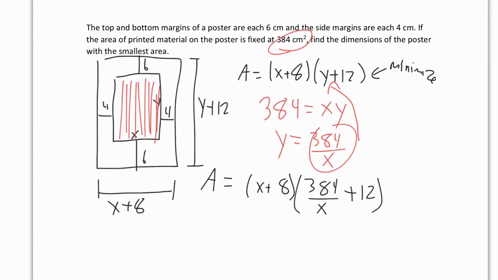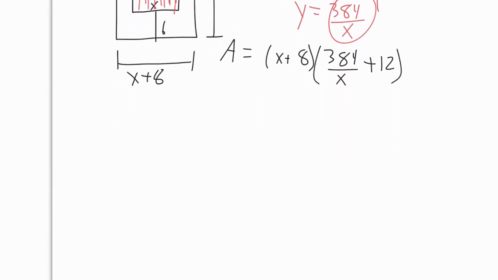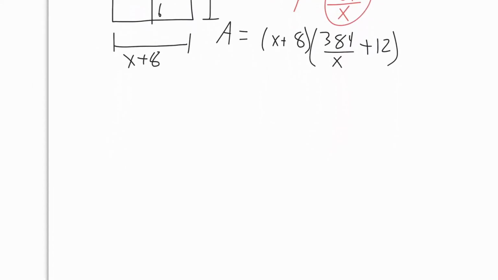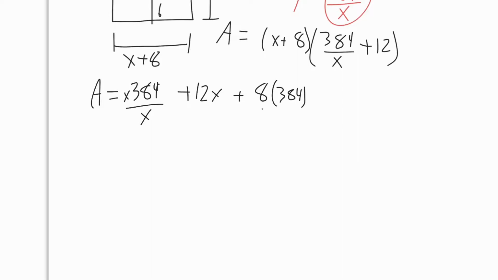Now again, we want to multiply this out before we do calculus. So let's do a little FOIL. So first will give me just 384. I guess we could put the times X over X, but those will cancel. And then outside, 12X, inside, 8 times 384 over X, and then last will be 8 times 12.